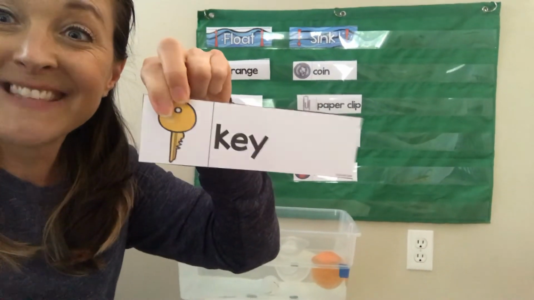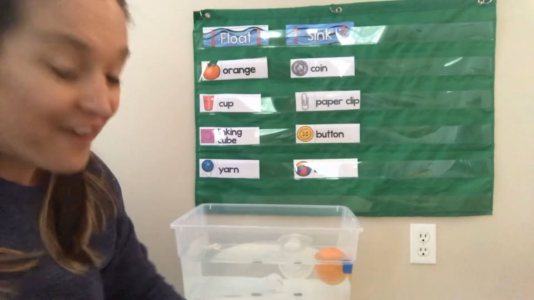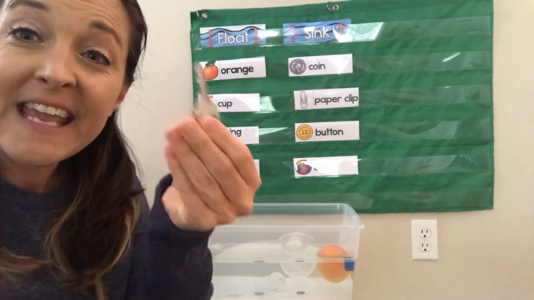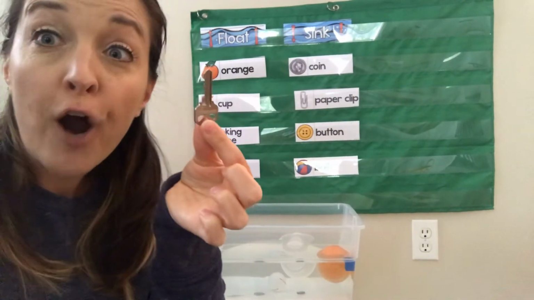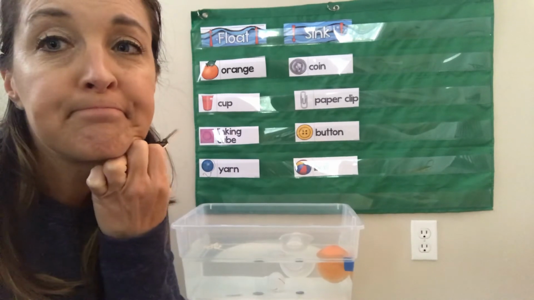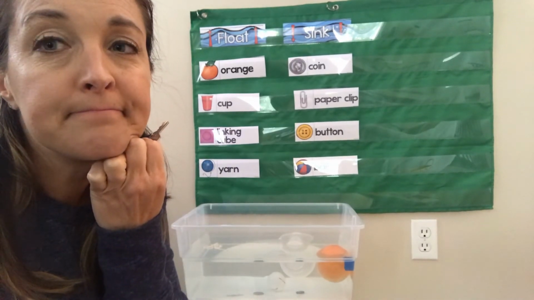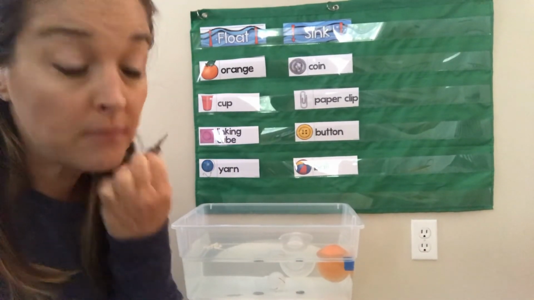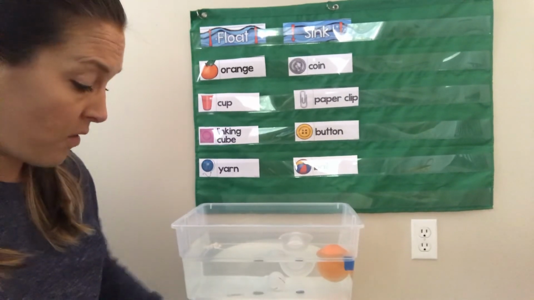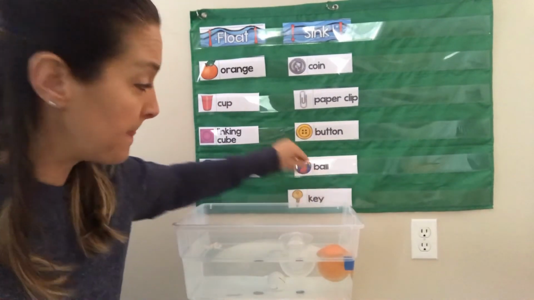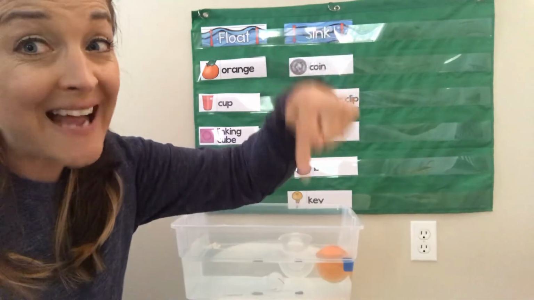It's upside down. It's a key! Friends, let's find out if our key will sink or float. What do you think? Sink? Okay. Let's put it right here. Okay, so you're telling me it's gonna go down, down, down?